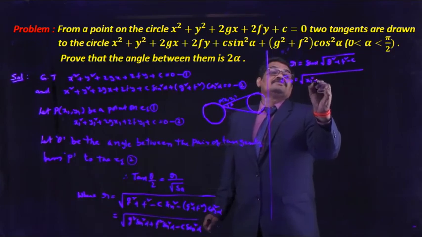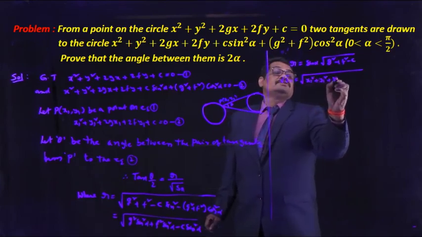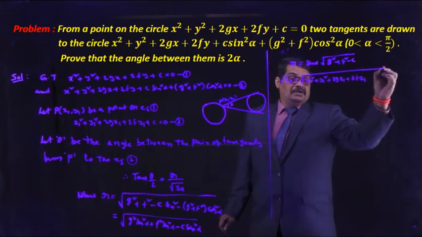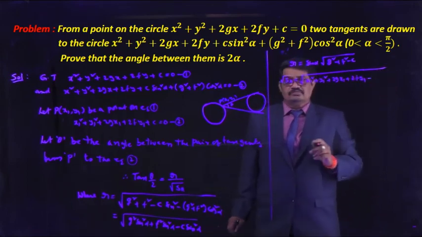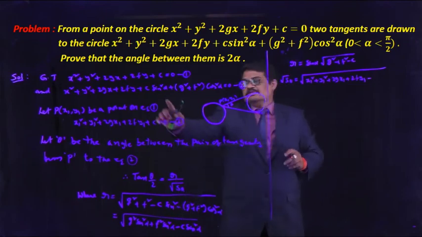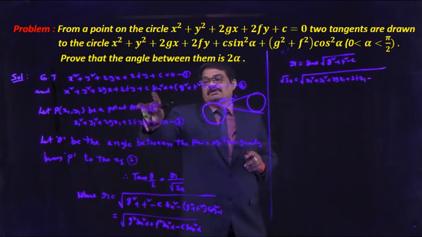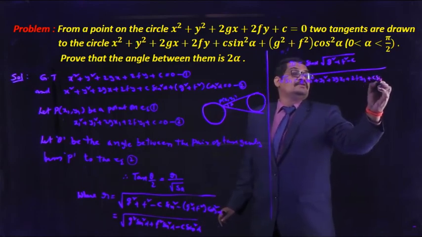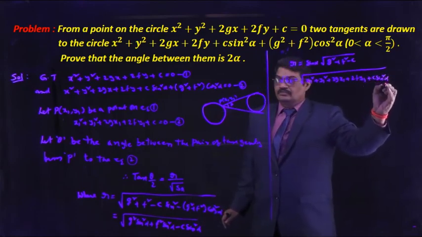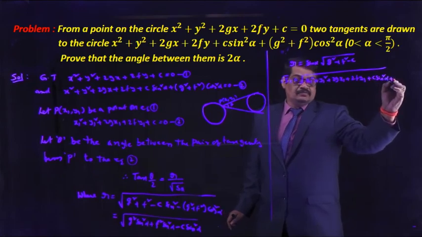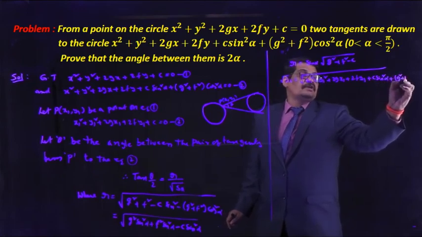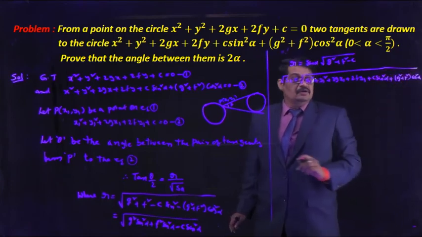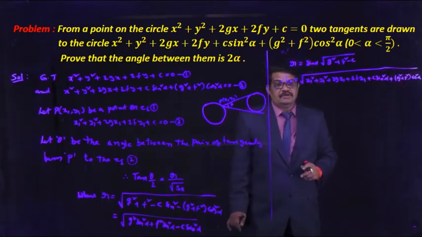We are getting x1 square plus y1 square plus 2gx1 plus 2fy1, and the remaining terms are c sin square alpha plus g square plus f square cos square alpha.